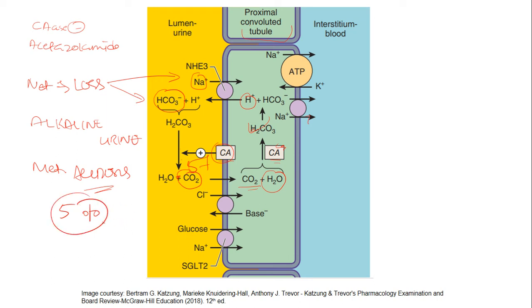So that's why it is called a mild diuretic agent, because the maximal fraction of sodium lost is 5%, because the part of the sodium which is rejected in the proximal tubule will be absorbed at the thick ascending loop of Henle.